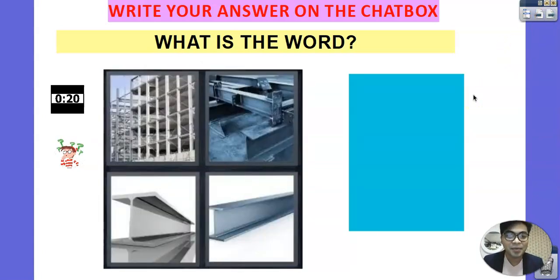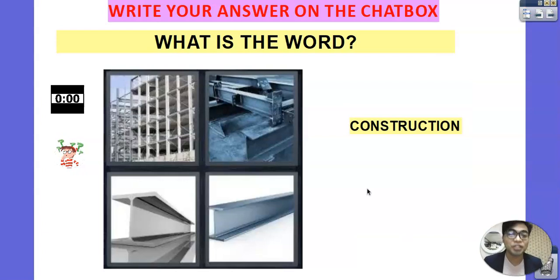Next question. What is this word? Look at these pictures right over here. Let's see if you get it correctly. It's construction. So you need these materials for any of the construction processes that are happening.